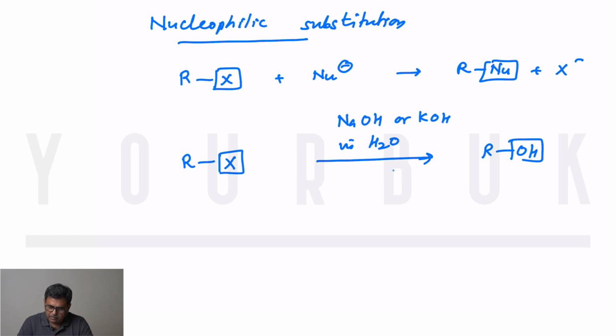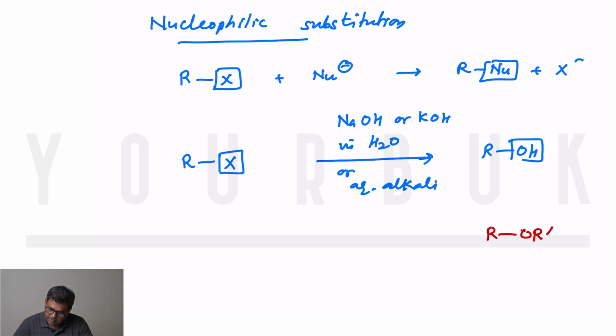So you can write aqueous KOH or dilute NaOH. The role of aqueous alkali is to replace the X by OH. You can replace one, two, or any number of X atoms. This is called hydrolysis.